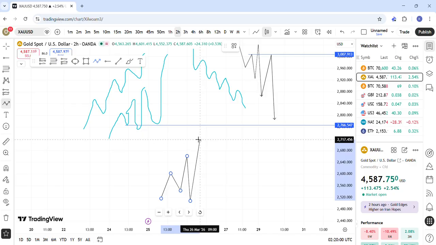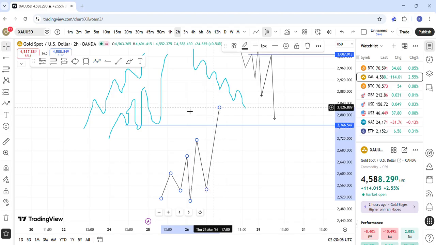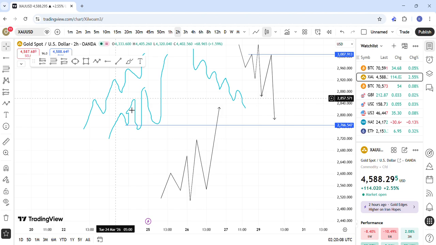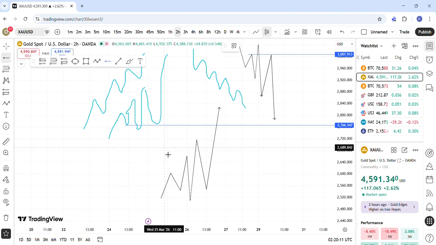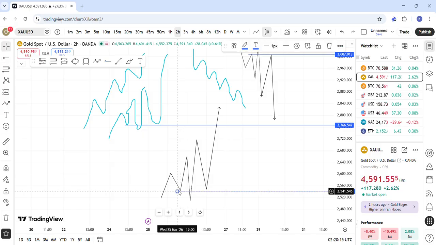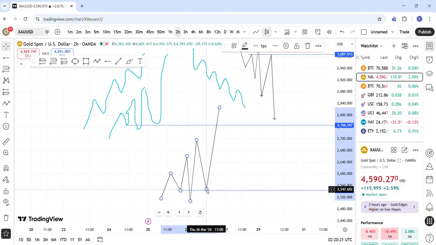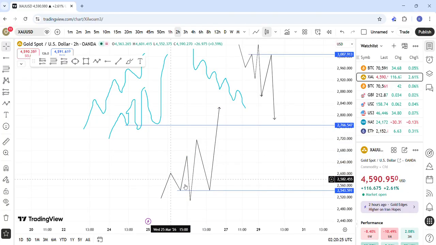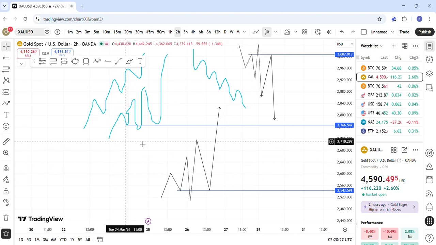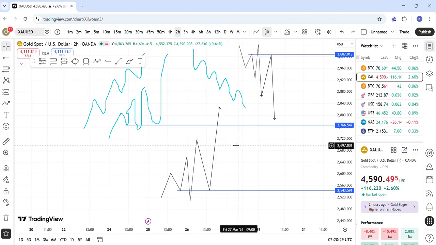It starts like this, away from this key level. That's it.